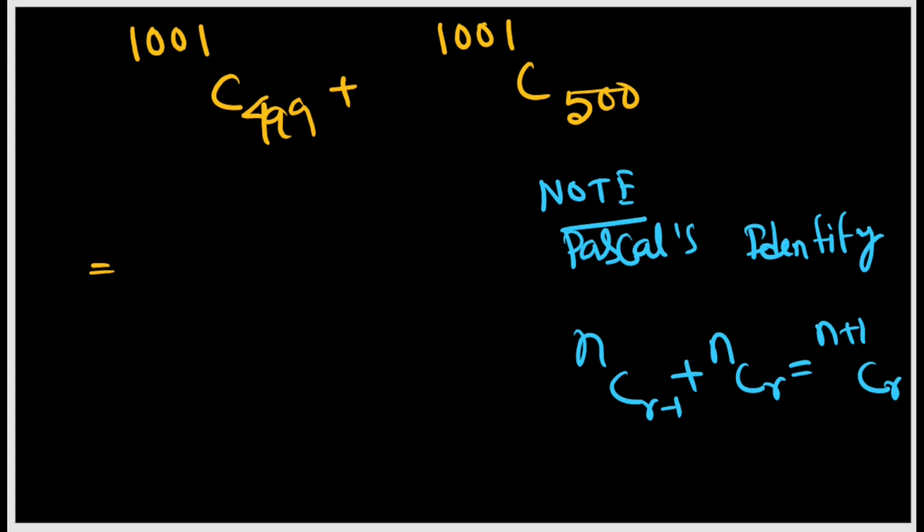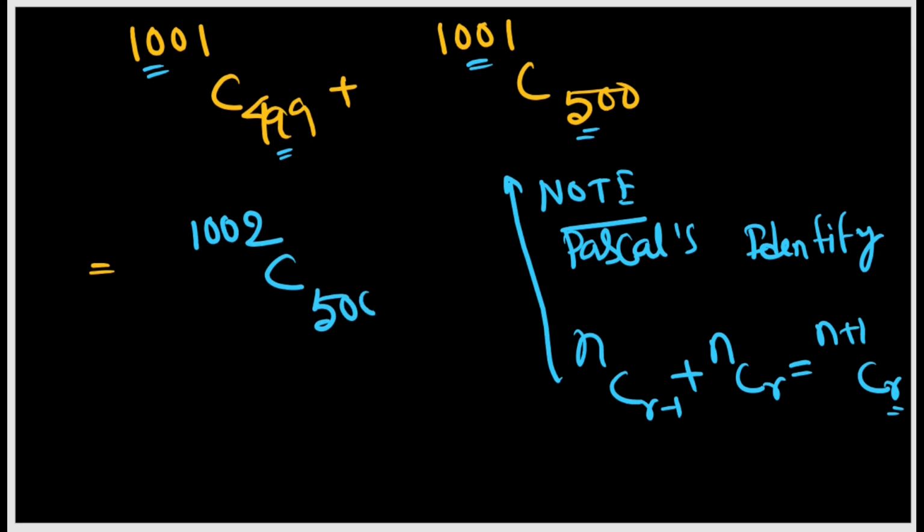Then the n term increases by 1 and the bigger r is used. The same identity is used here: the n values are the same, but the r values are 499 and 500. So using the Pascal identity, this sum gives 1002C500.